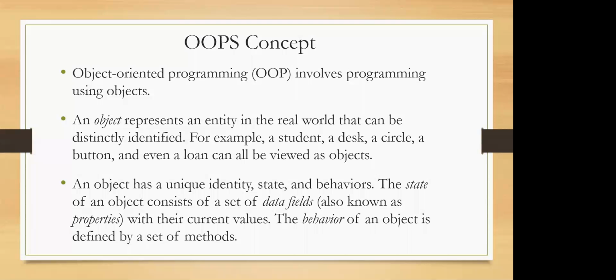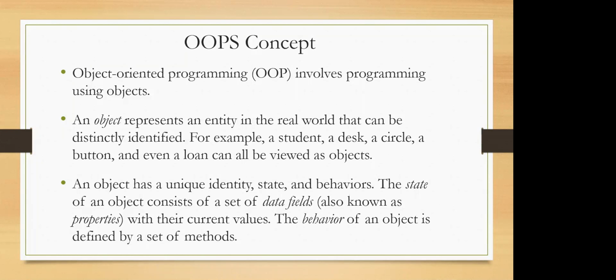The name of the class is four-sided figure. The individual items, that is rectangle, square, rhombus, are the objects of the class. All these will have some common properties. All have four sides, all have length and breadth. These are the attributes of the class. This type of concept is called the object-oriented programming concept.